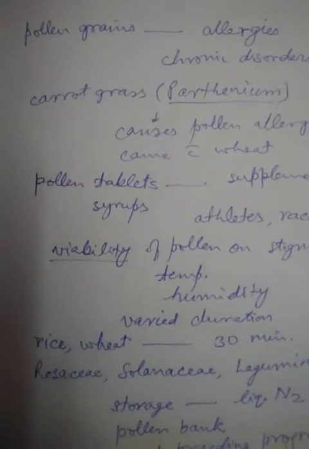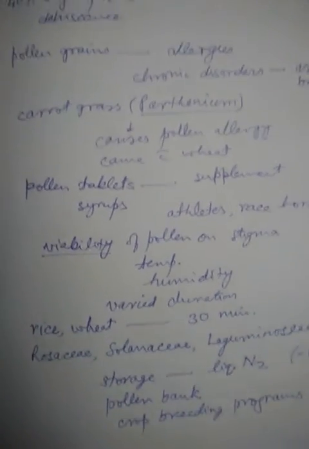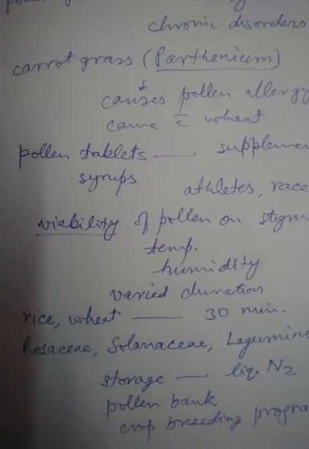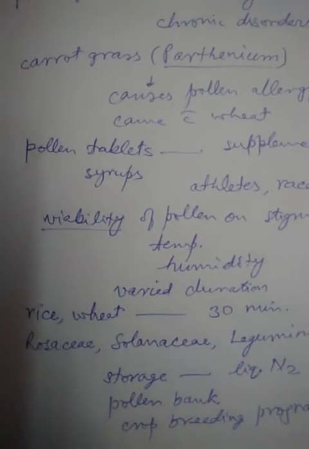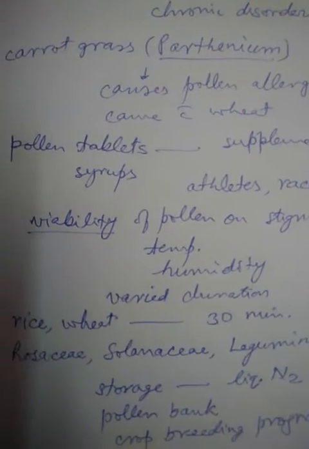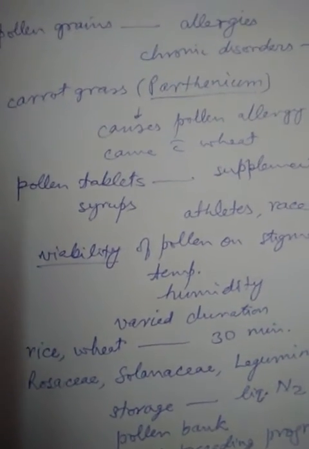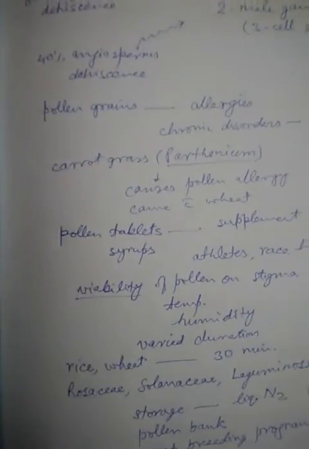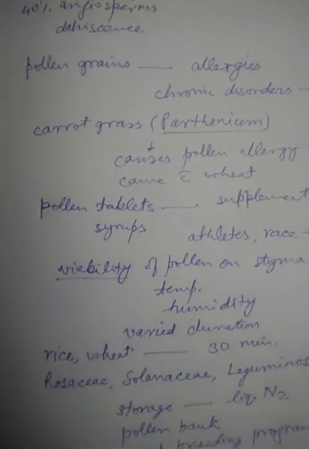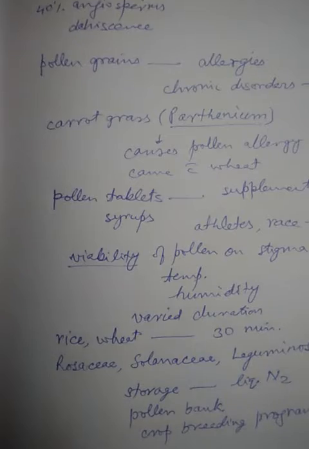Now one more thing, once this pollen has become mature and it has undergone the dehiscence, that means it has been released from the anther. Now it will be carried to the stigma by a process that is called pollination, right? So after the pollination, this has to reach the stigma, and there, upon availability of suitable conditions, the pollen will germinate.